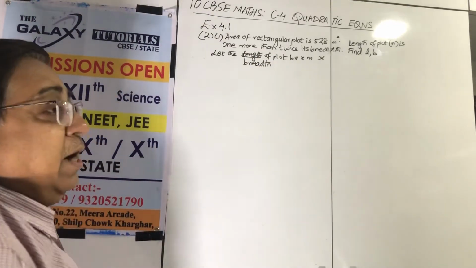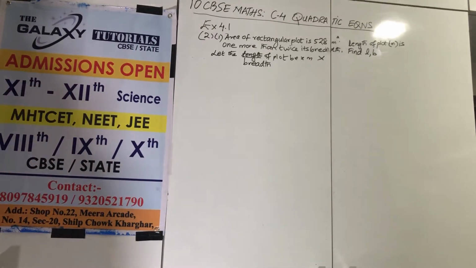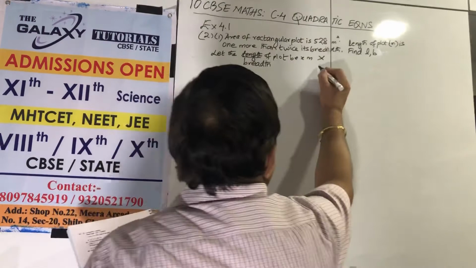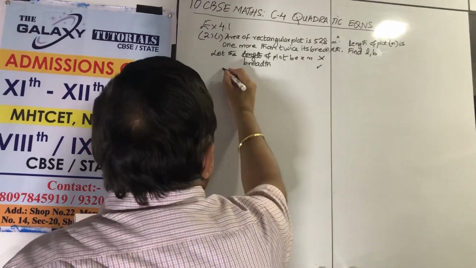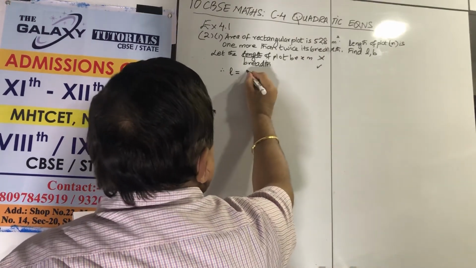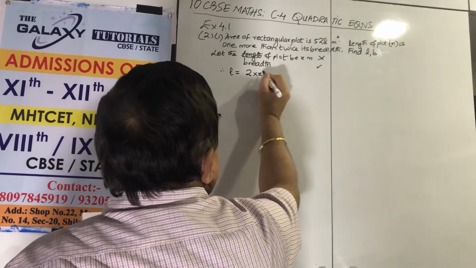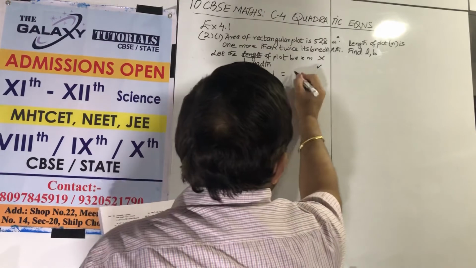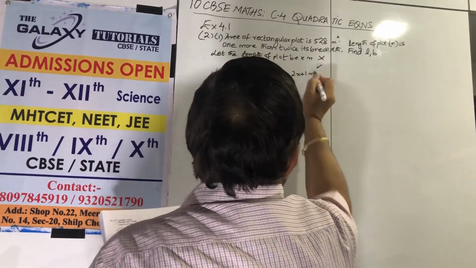Why? Because we can't get two variables. We need only one variable. I can't let the length be x, let the breadth be y. It will not solve my problem. It is not a quadratic equation. So let the breadth be x. This is correct. Okay. Therefore, length is twice the breadth and 1. So 2x plus 1 meters.